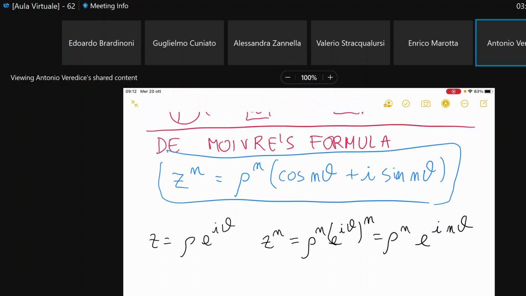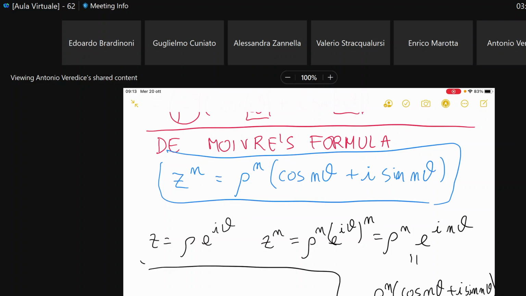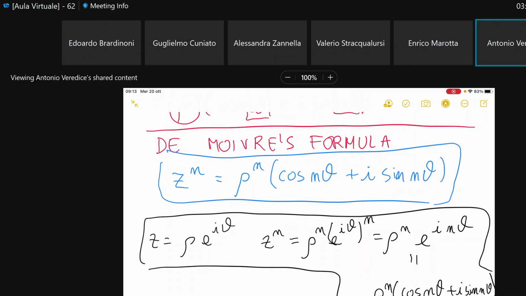And what is e to the I n theta? By Euler's equation, it is cosine of n theta plus I sine of n theta, as I wrote before. Okay, so this can be a proof of the De Moivre formula using the exponential form. Okay, so this is the formula we will use to compute the power of a complex number, and it is also very useful in applications.